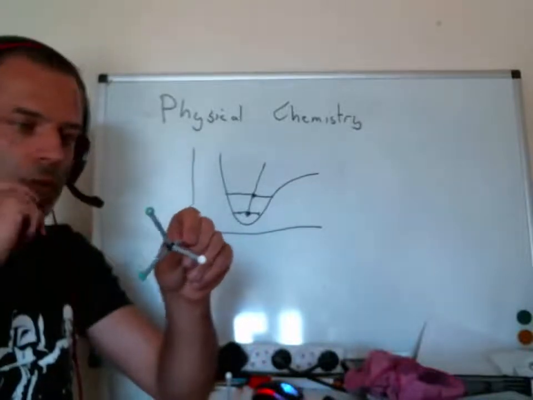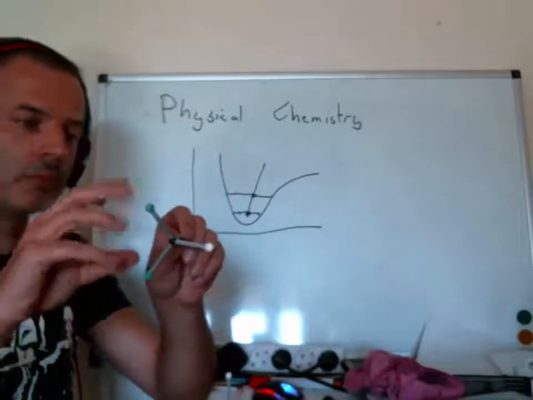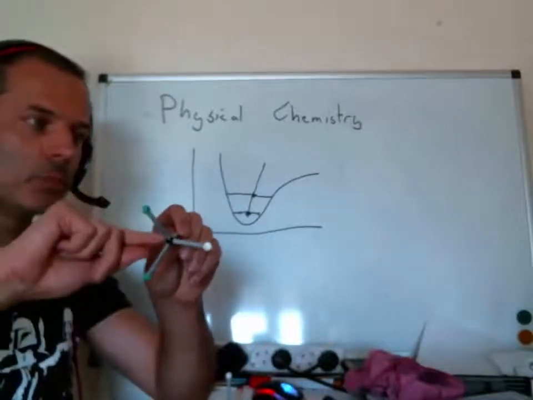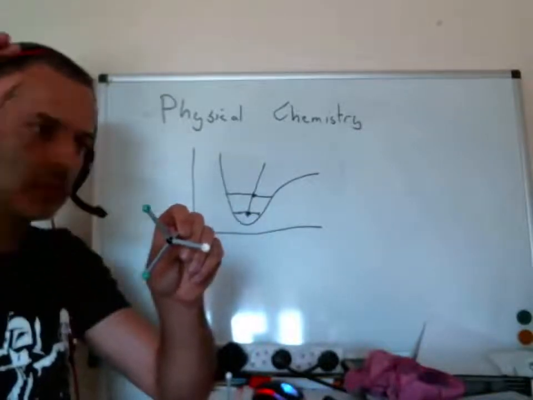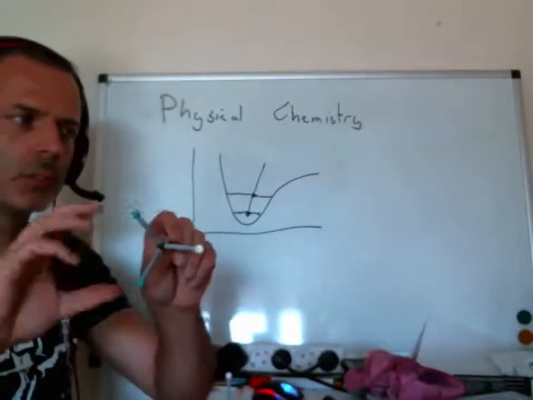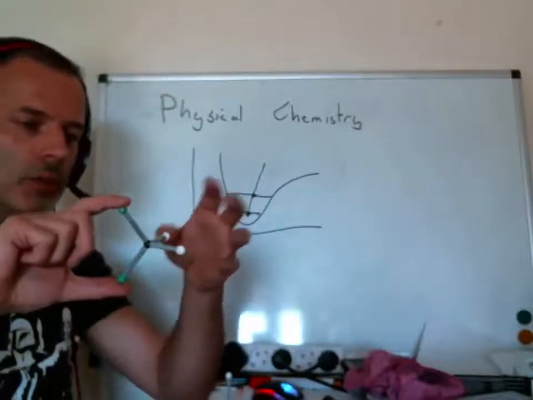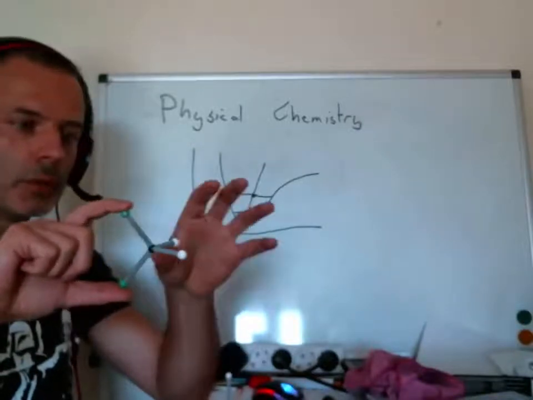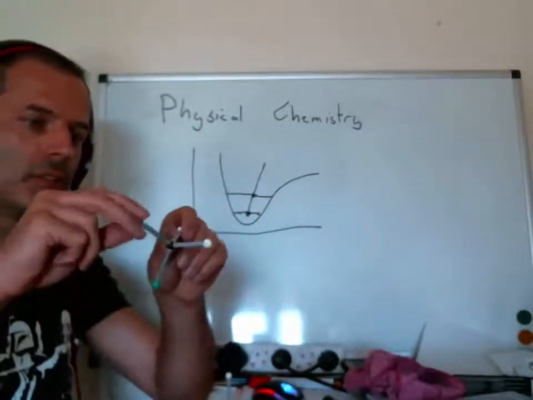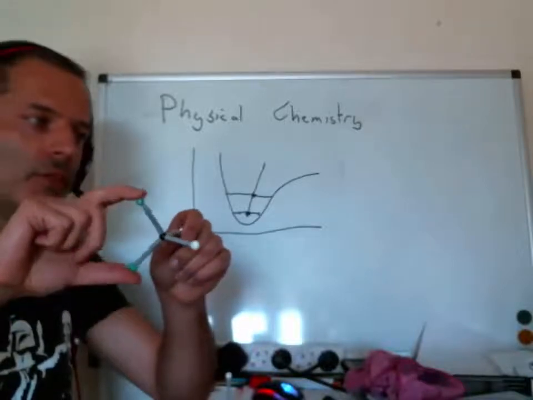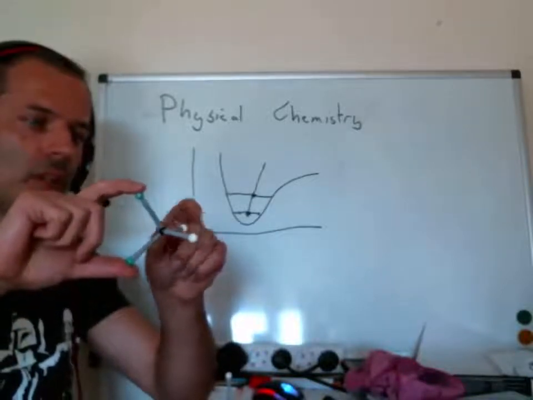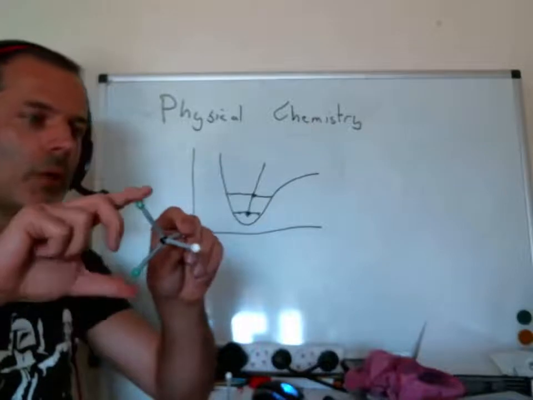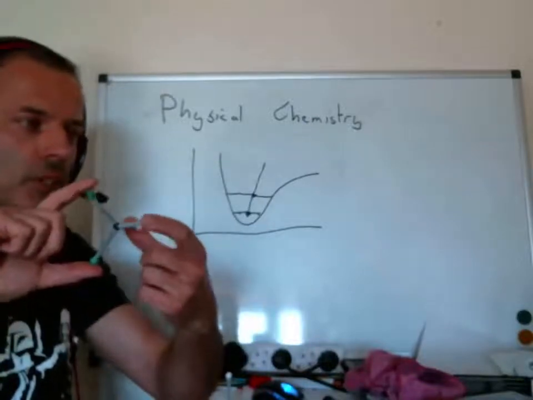That will make it relatively infrared active, so if these two bonds increase in their stretching, because we're thinking mostly about stretching, it will be infrared active because it will change the dipole moment of the molecule. It will make it stronger. If we flex this one, that will also change the dipole moment. If we flex this one, it won't change it very much.